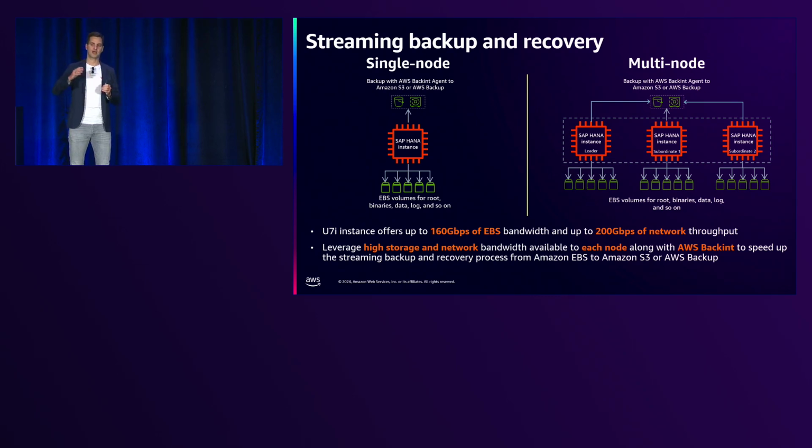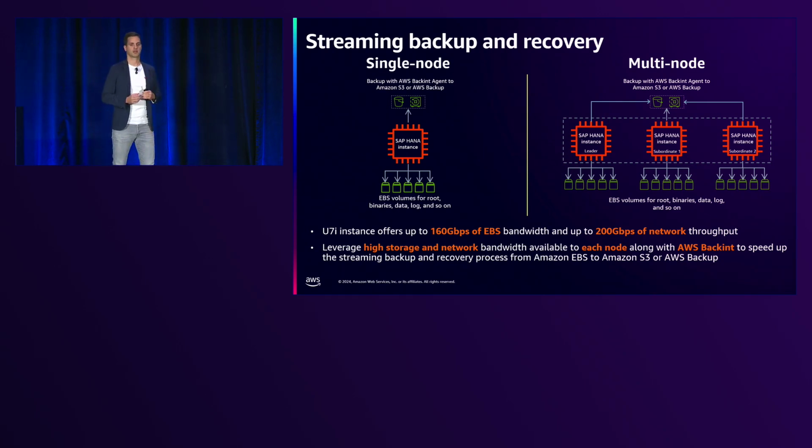So as soon as you add another node to your scale-out configuration, your backup time does not increase linearly because you're writing in parallel. We combined this recently with AWS Backup, so you can do the scheduling and monitoring through AWS Backup while also using the Backint agent for HANA database.